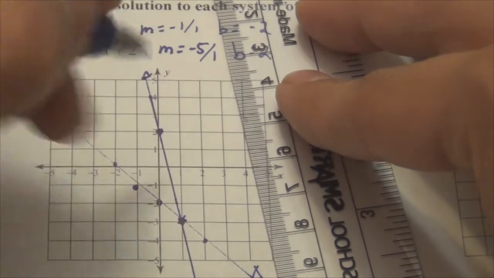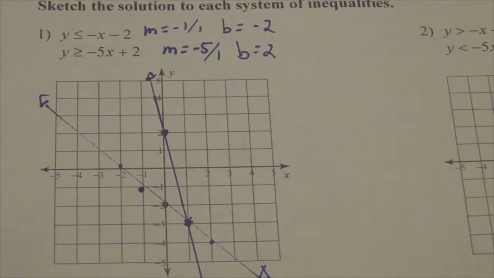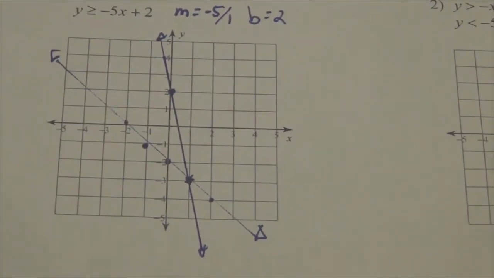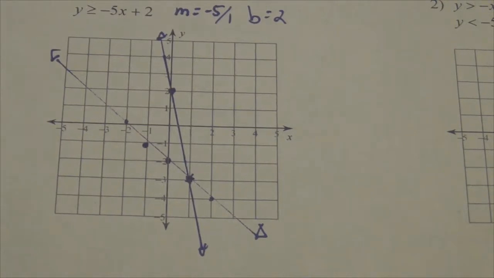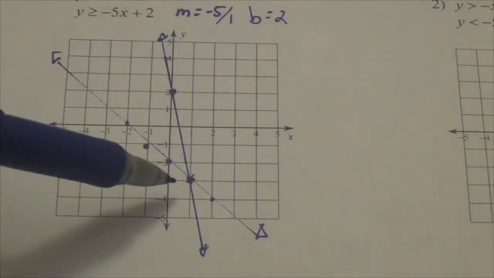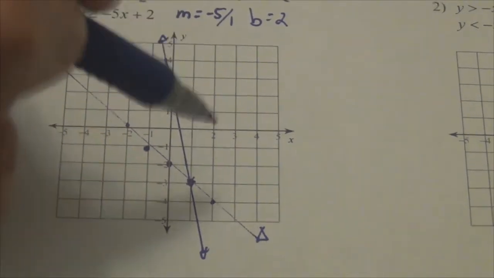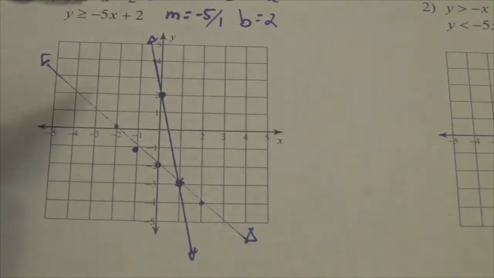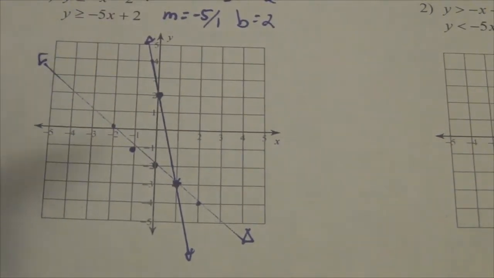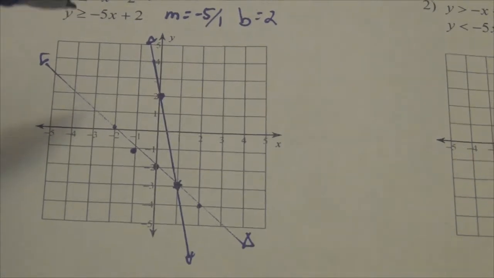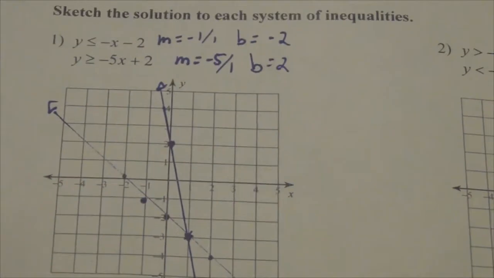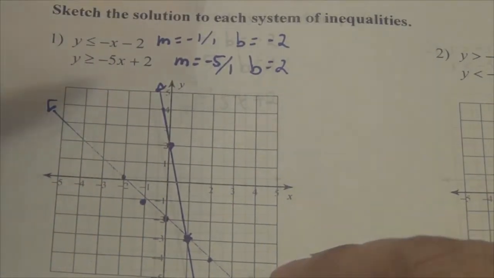Okay, so 2 solid lines. Now, what's going on here? So I found my solution? No, Becker. You see, this is one of the things. This is the difference between a system of equations and a system of inequalities. So in this case, I am going to go the extra mile, and I'm actually going to graph it.